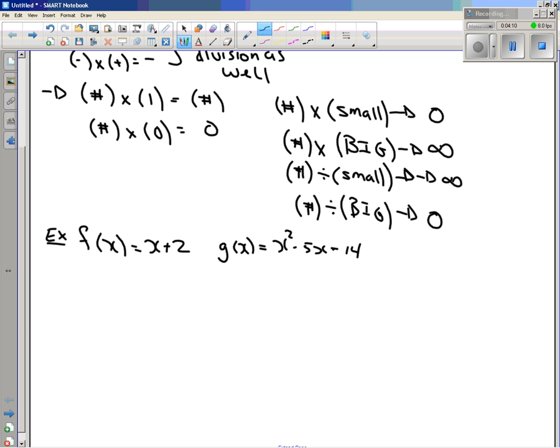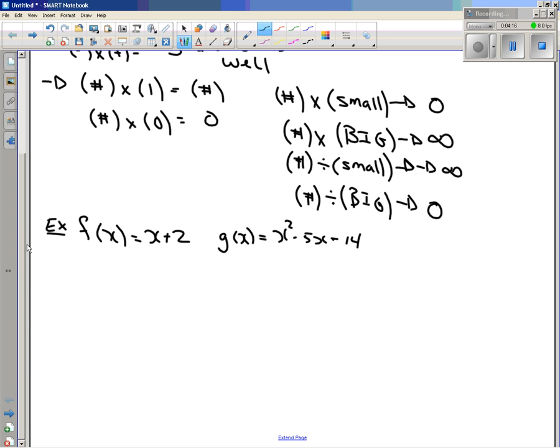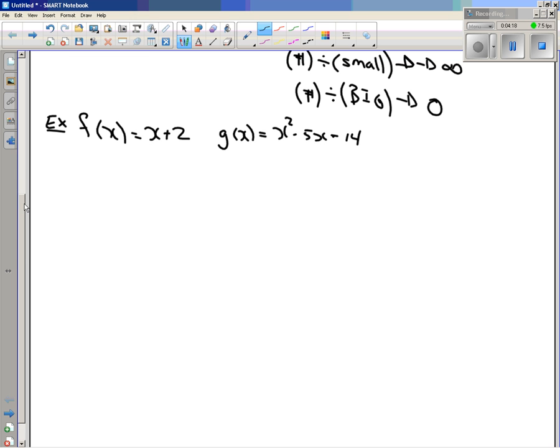Okay, so we have two separate equations, and we're going to look at the combination of functions. So the first way we're going to look at that is for a, let's define h of x to be f of x times g of x. So we've defined h to be our function f times our function g.